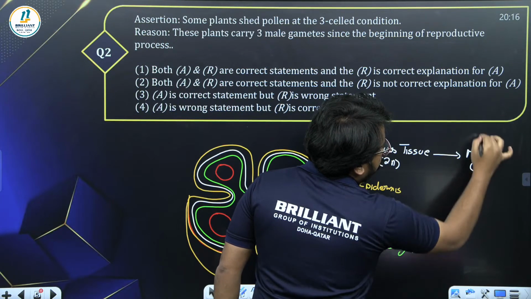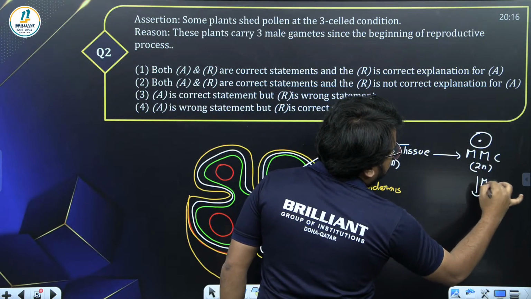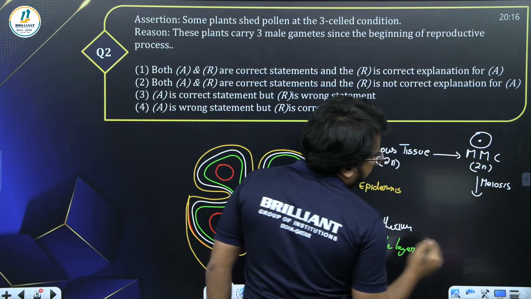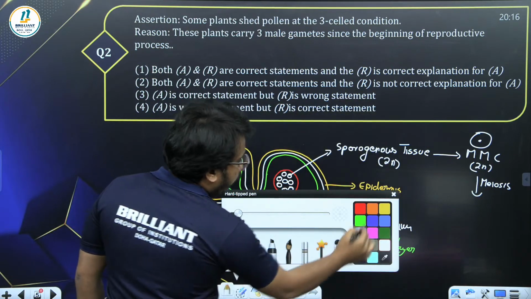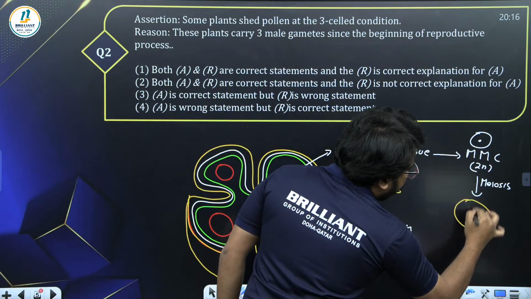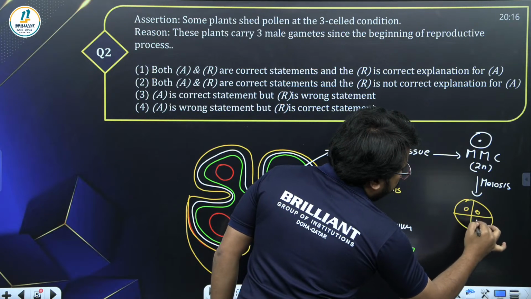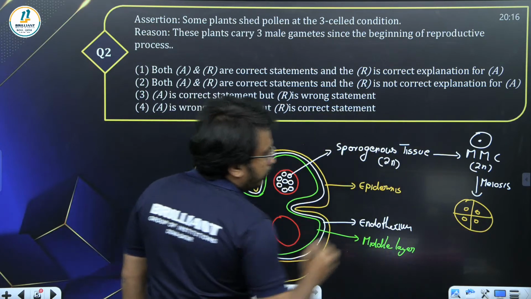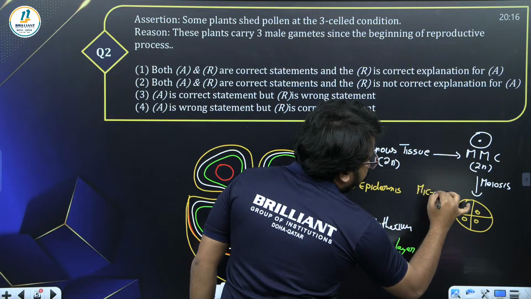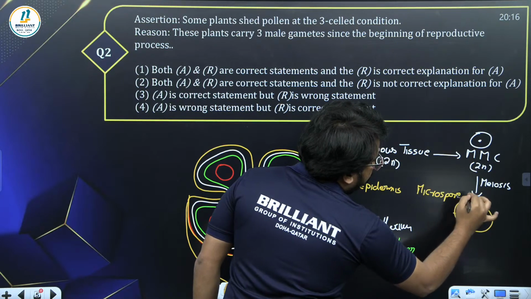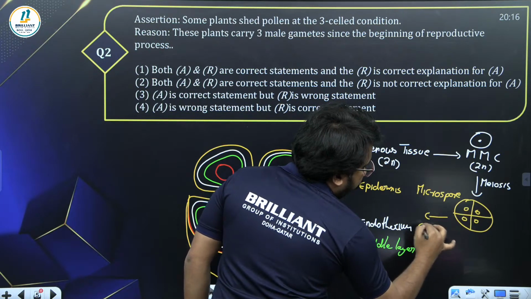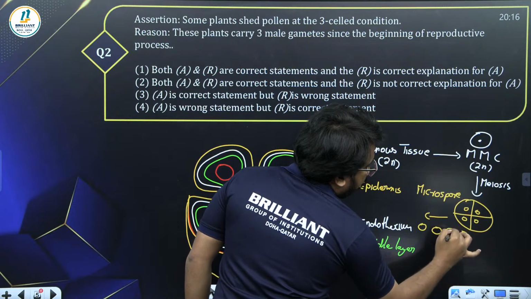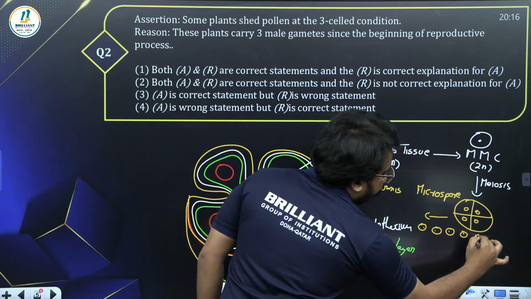This microspore mother cell, which is diploid, undergoes meiosis and results in the formation of 4 haploid microspores. Later these microspores will dissociate, forming 4 microspores that are haploid.